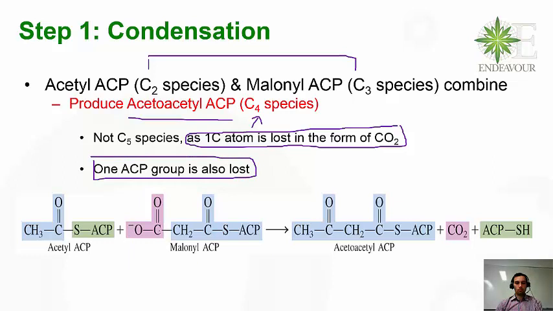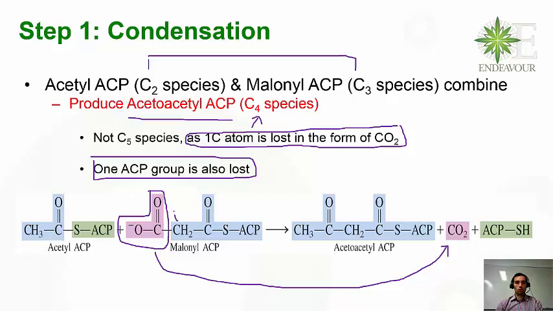The carboxyl group that we had added to create the malonyl ACP, shown here in purple, is lost as carbon dioxide. As that component is lost, the CH2 can form a new bond with another component. What it forms the new bond with is the acetyl group that is attached to the ACP unit.